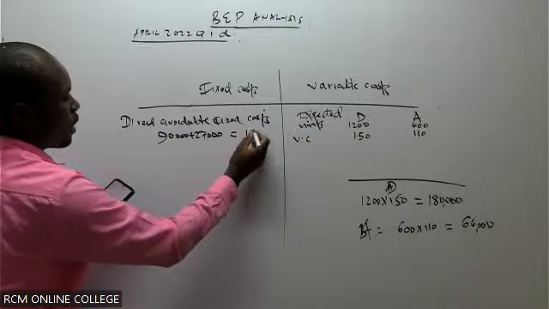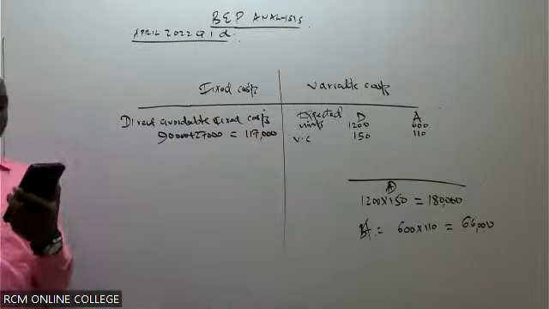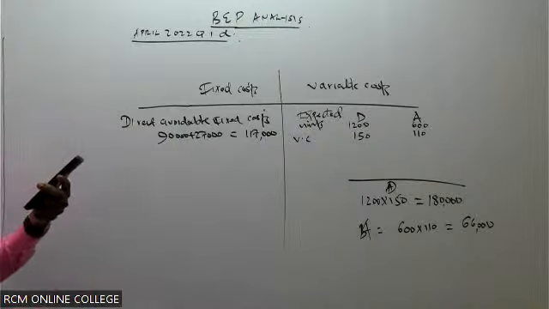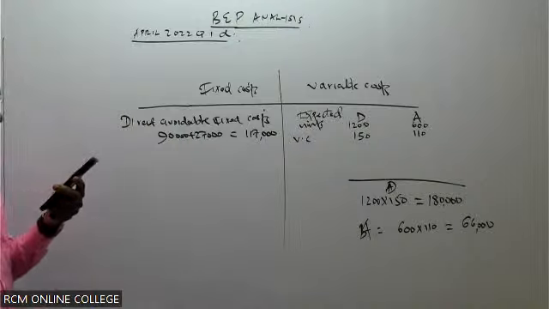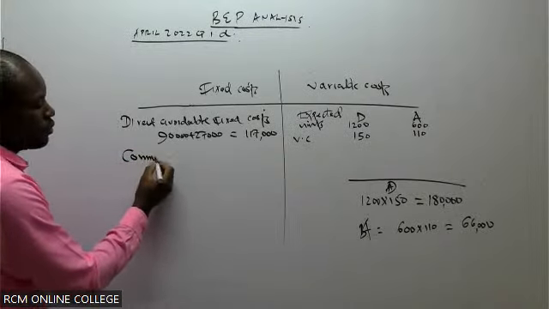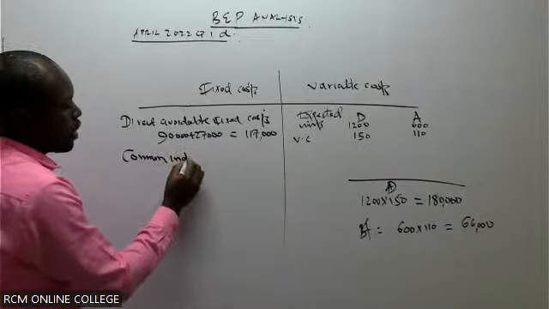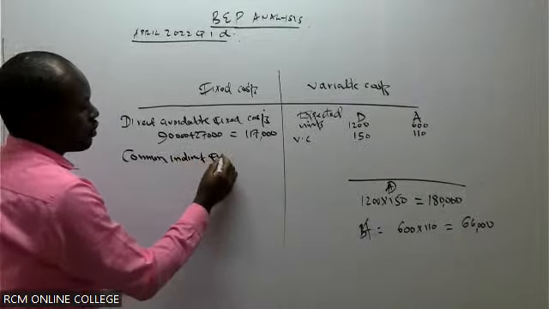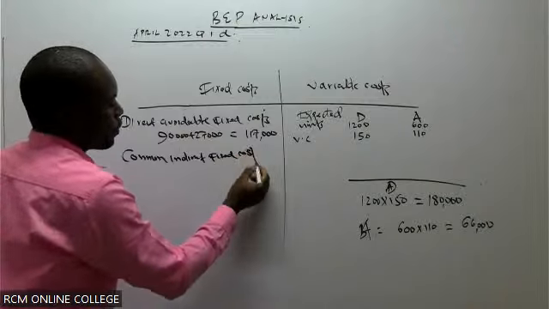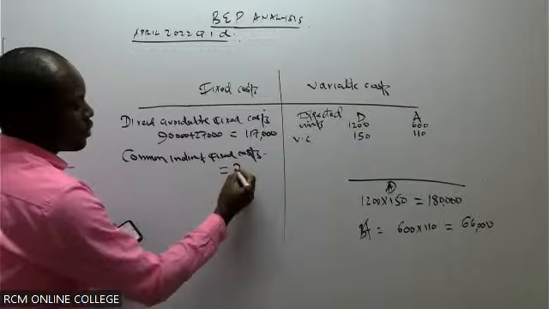That is giving us 117,000. How about any other fixed costs that you're able to see there? We have common indirect fixed costs of what figure? Of 39,000.